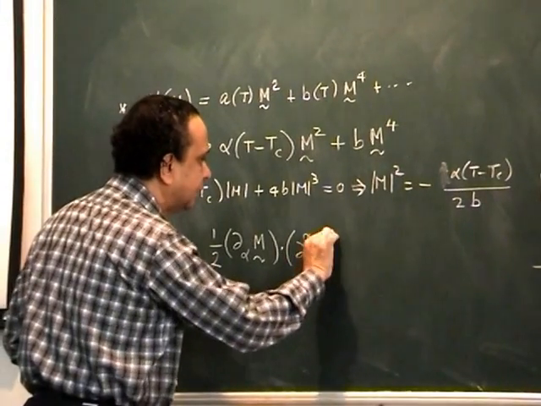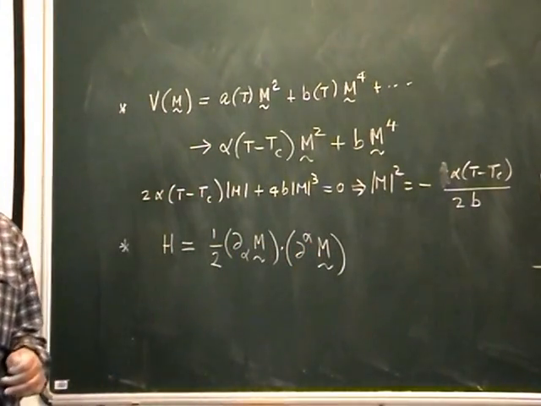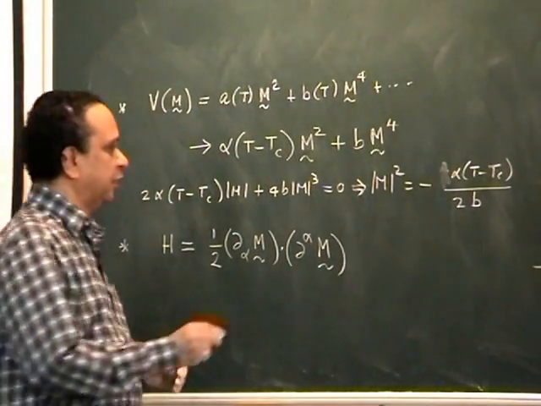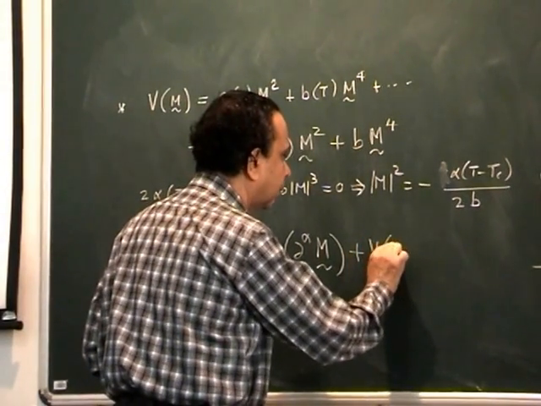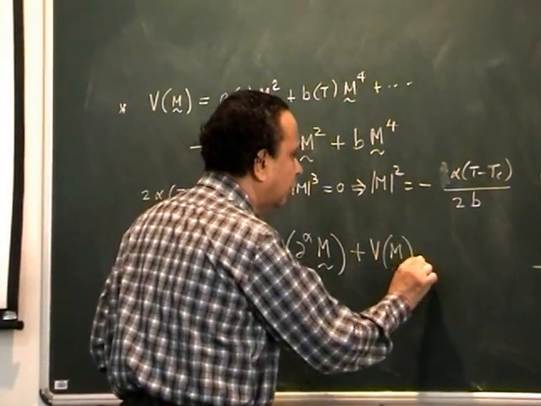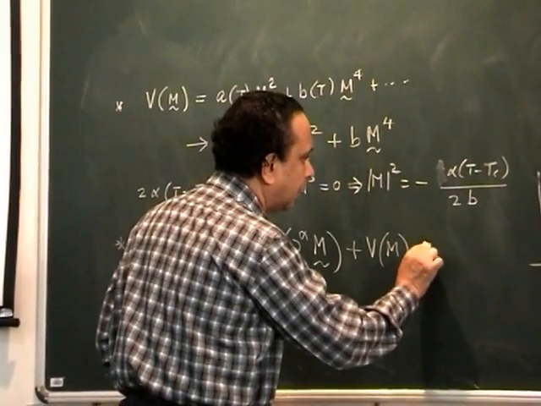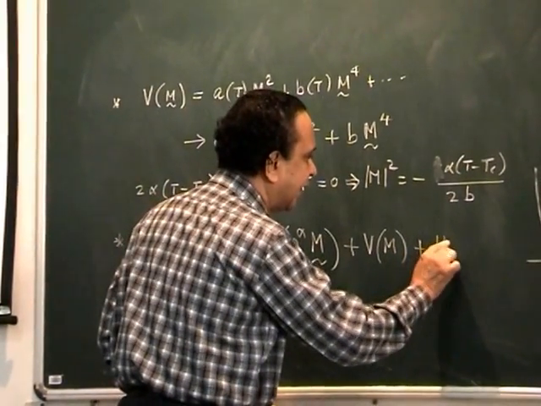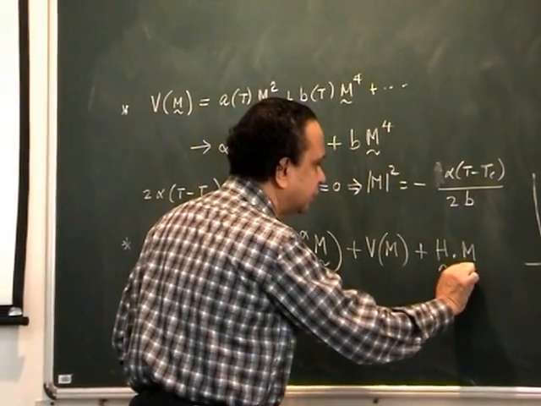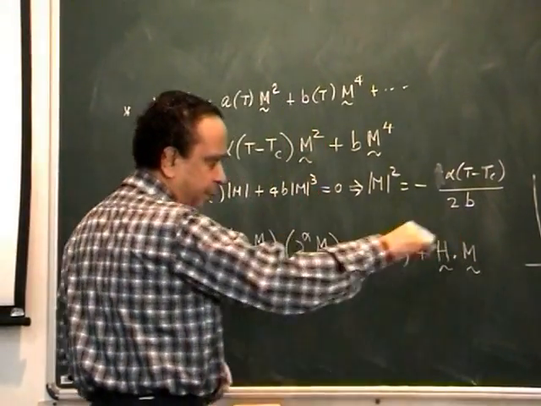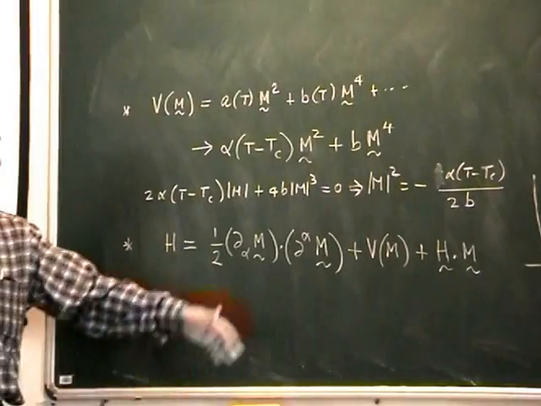This is like the kinetic energy term in the Hamiltonian. Then you want to add to it its potential V of m. And you can also add to it an external magnetic field, let us say H dot m. Okay, I will choose the sign of this in order to have the right behavior. I don't remember whether it's plus or minus, but it doesn't matter.